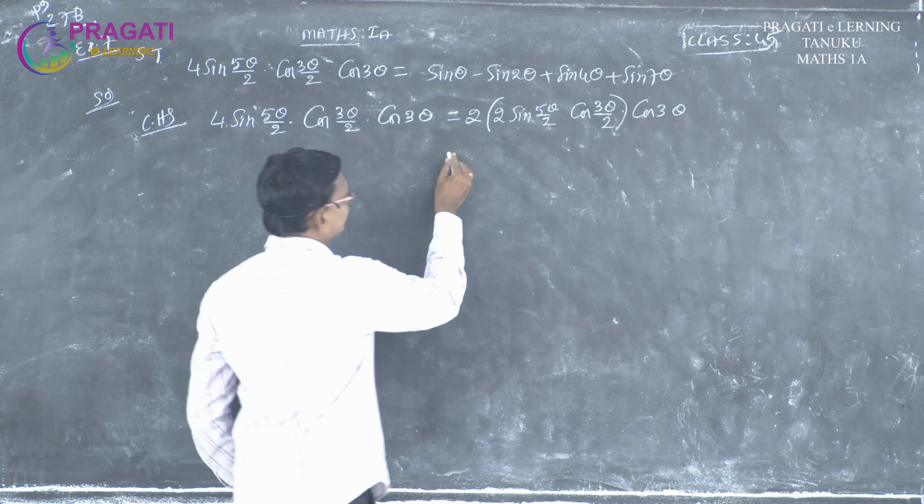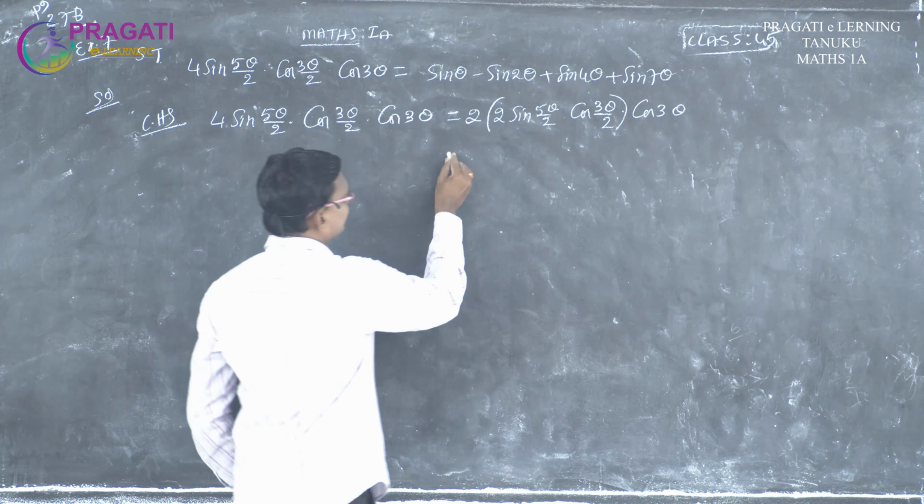So now 2 into sin, you can take cancellation: 2 sin 4 theta plus sin theta, with the 2 cancelling, into cos 3 theta. Now this is totally multiplied by 2 and also cos 3 theta.